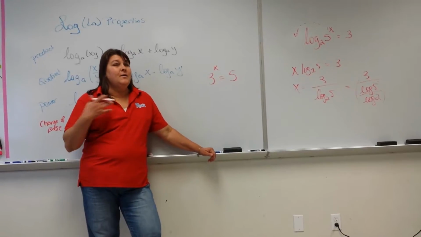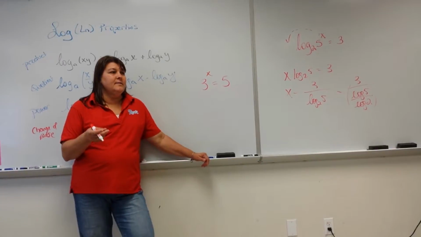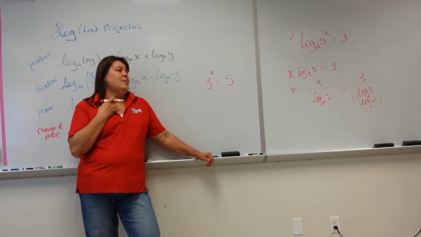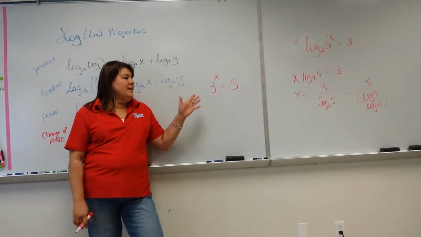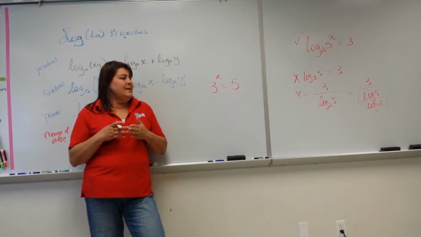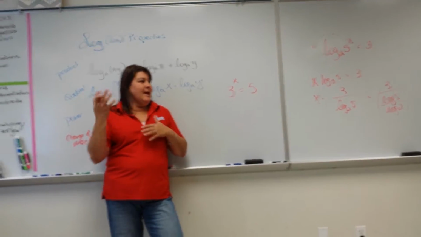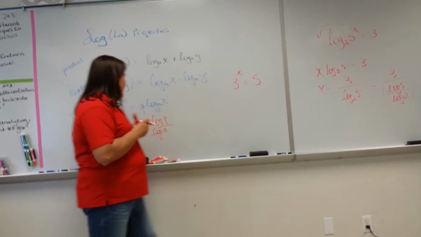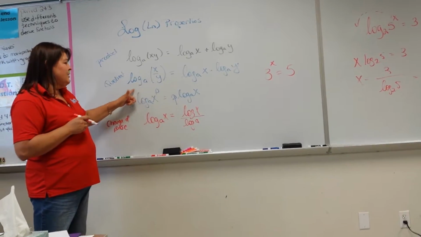But I know that I have properties of natural logs or logs that I can utilize, and this is where some of the properties come in so handy. I have an exponent of x that I don't want to have as an exponent. Look at this property over here: with the power, I can bring it down to the front.